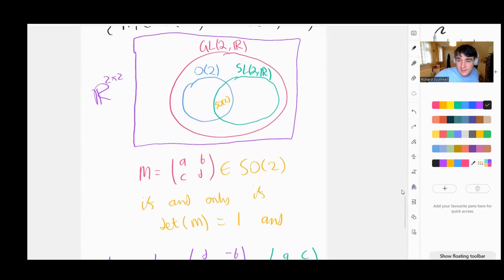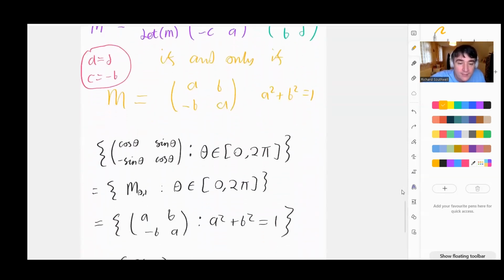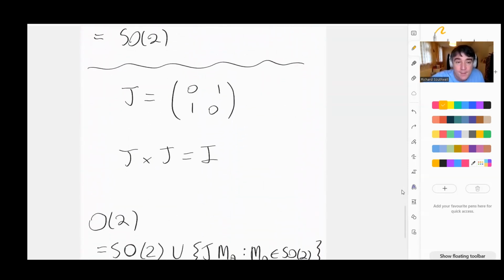So now we understand this part of our space of matrices. Can we go further? Can we understand what O2 is? Well, I'm just going to briefly sketch how we can think about O2. It's quite a nice exercise to fill in the details here.